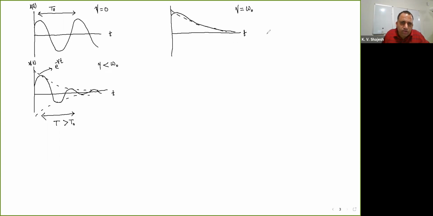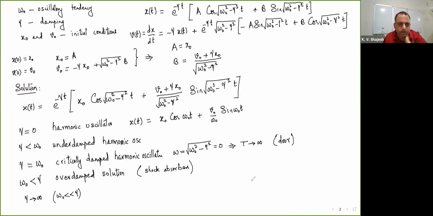And the solution here, remember, x of t would be equal to, I have to substitute omega naught equal to gamma in the earlier page. So let me refer to that. If you substitute this to be equal to 0, cosine of 0 is 1.